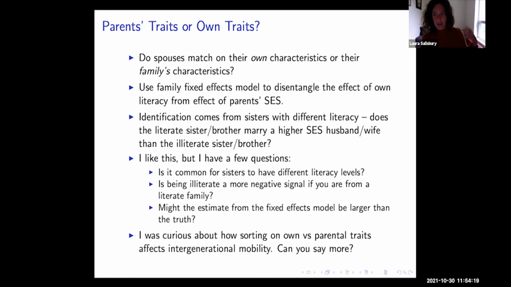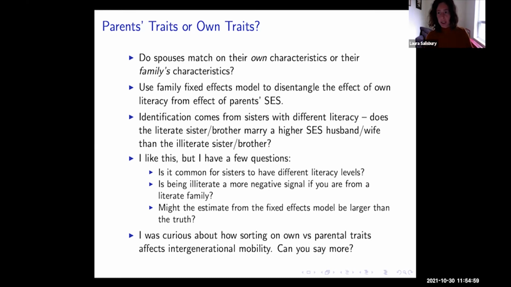I had some questions, which you could levy as a criticism against any family effects model. But what does it mean to be the illiterate sister in a literate family? Is that an even stronger negative signal than just being an illiterate sister from an illiterate family? So is this capturing the global difference between the outcomes of literate and illiterate people, or is there maybe something different?